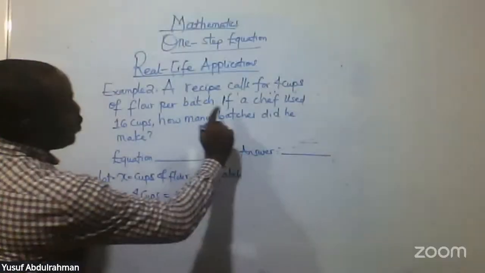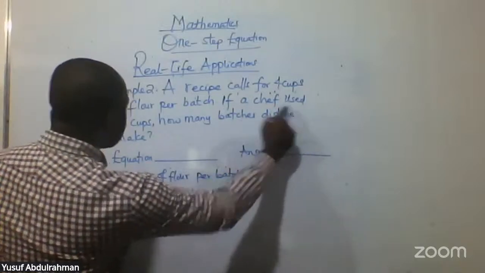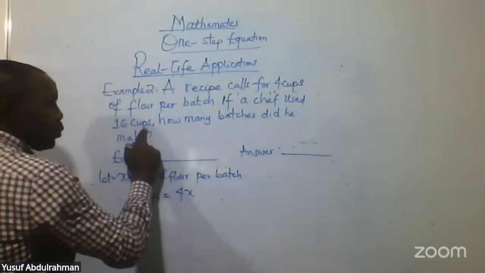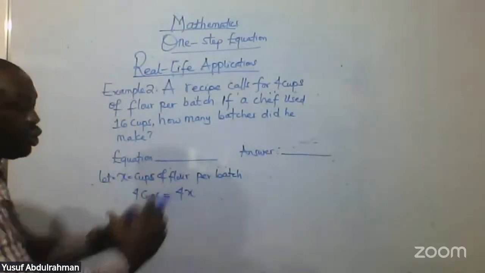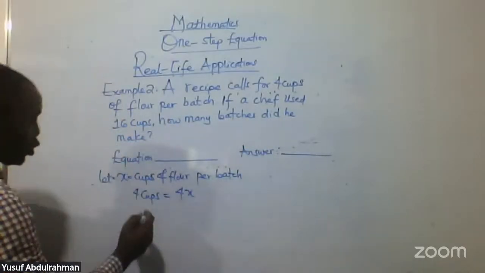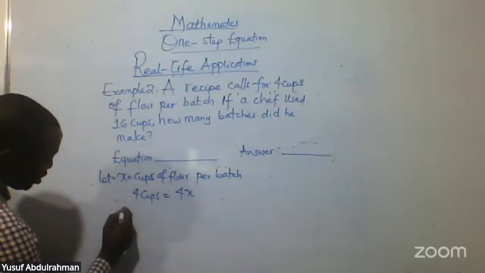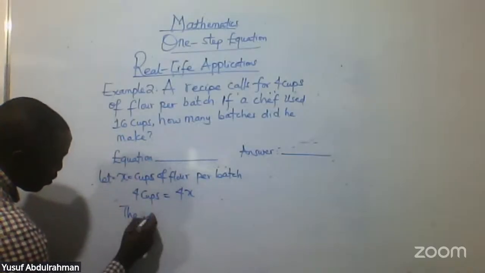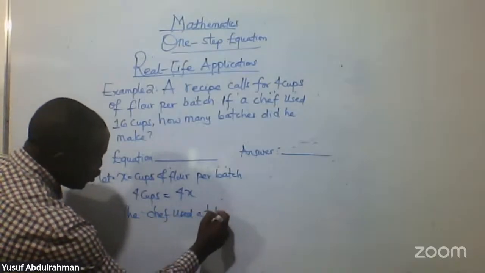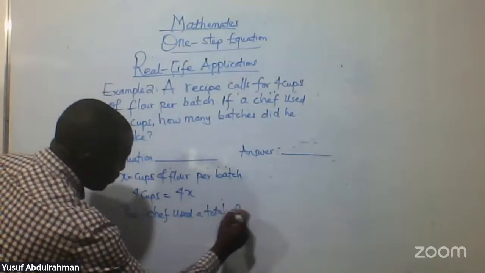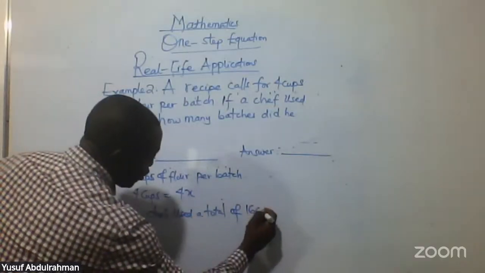Now, if a chef used 16 cups, how many batches did he make? That means he used a total of 16 cups.